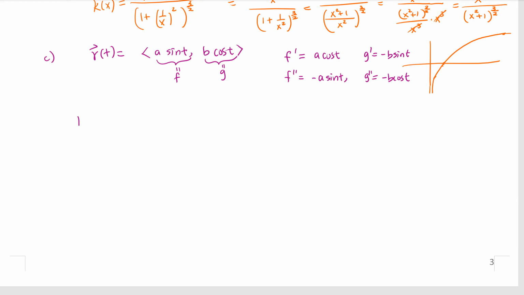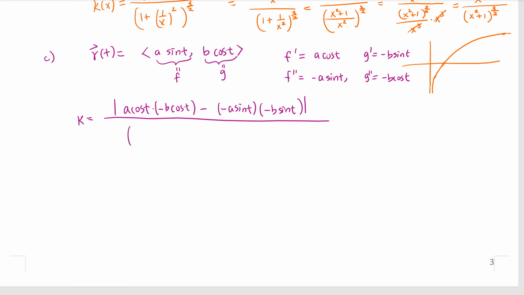Alright, then our curvature. The numerator is the absolute value of f prime, which is a cosine t, times g prime prime, so negative b cosine t, then minus f prime prime, which is negative a sine t, times g prime, so negative b sine t.